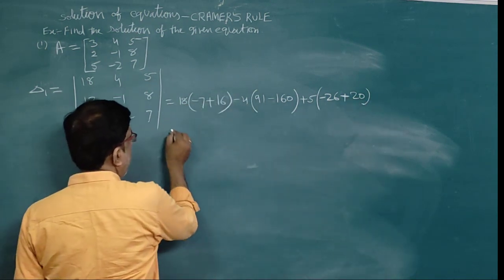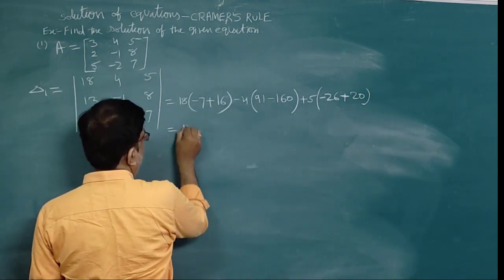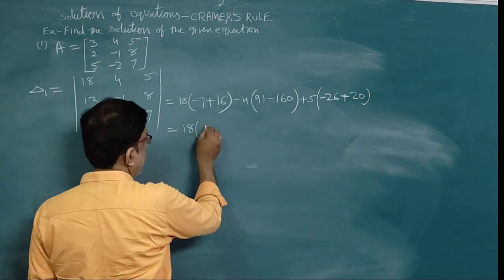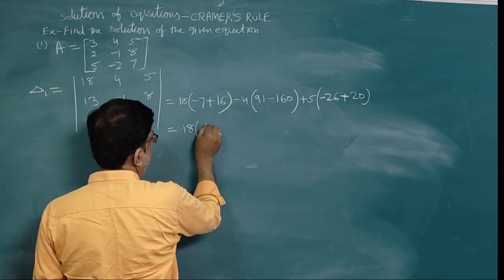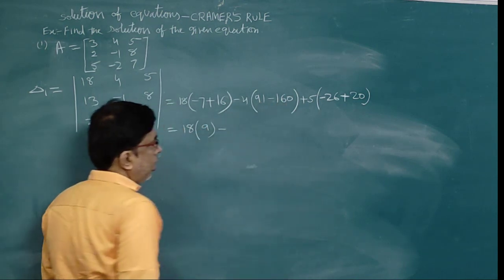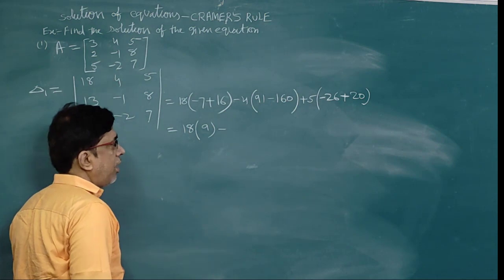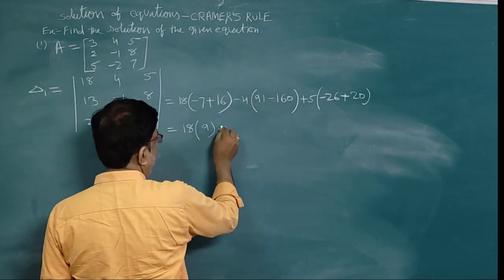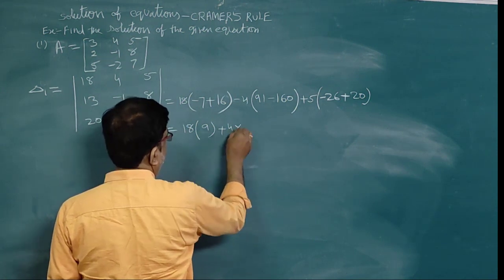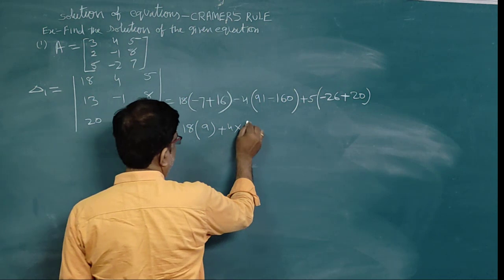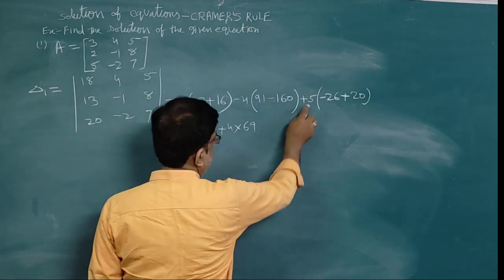So this whole thing, if I do it, I will get 18 into 76, which will be... It is negative, minus will be more, so it will be plus 4 into 90 minus 60, it is 70, 1 less is 69, right?